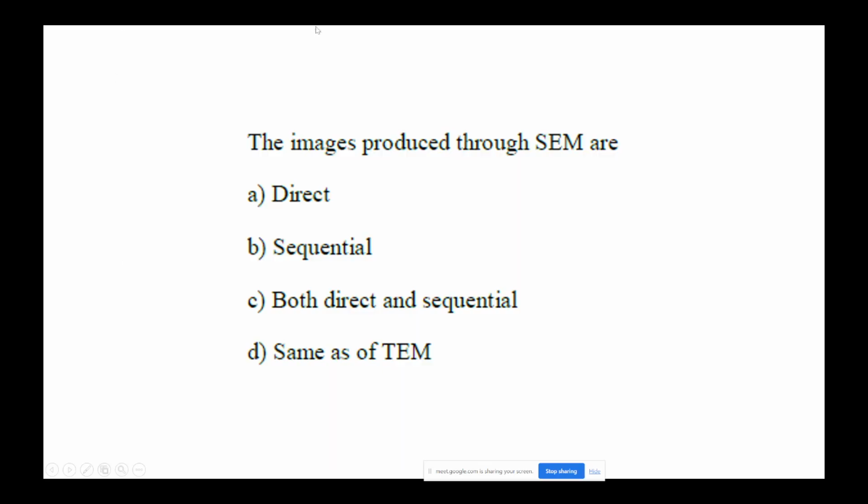Yeah. So the images produced through SEM are what? Direct, sequential, both, same as TEM? It is very simple.